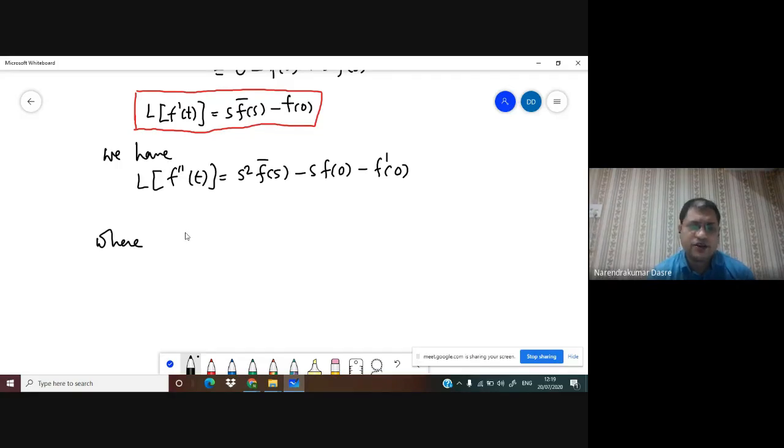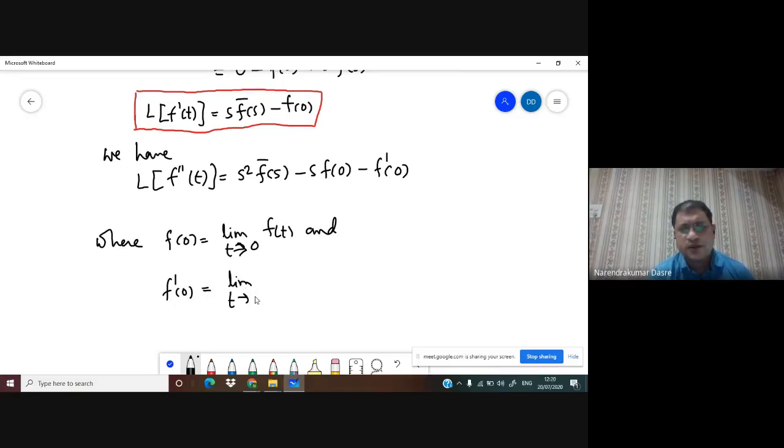If they are not given, then we can find them: f at 0 is equal to the limit as t tends to 0 of f of t, and f dash at 0 is equal to the limit as t tends to 0 of f dash at t. This is how we are able to find them.